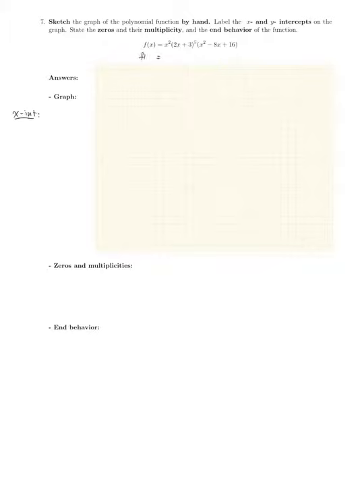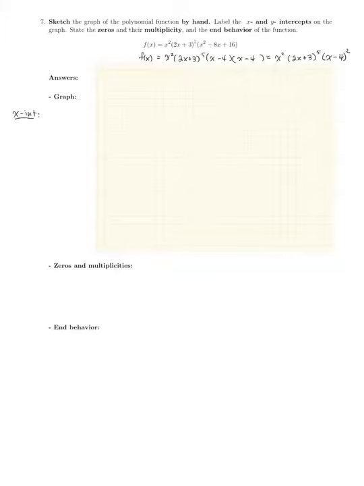So f of x is going to be x squared, (2x plus 3) to the 5th. Now this is what? x minus 4 and then another x minus 4. So this is the same thing as x squared, (2x plus 3) to the 5th, and then (x minus 4) squared. Okay, so let's go back to the x-intercept.